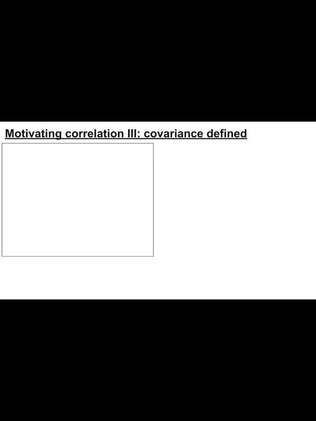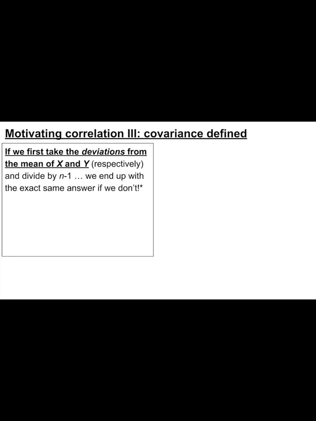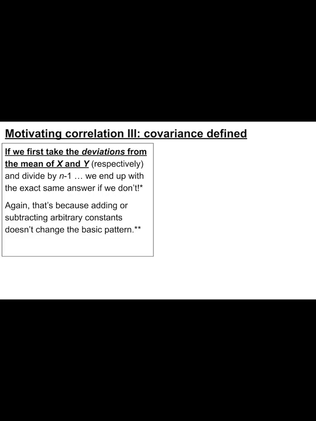So what if we did take that deviation of each variable from its mean first before trying our same basic measure of taking the product of all the coordinates and then finding the mean product of the coordinates? What we would do here is first take the deviations from the mean of x and y, and then divide by n minus 1. And that gives us the same exact answer whether or not we have this arbitrary constant added. And we can see that visually here.